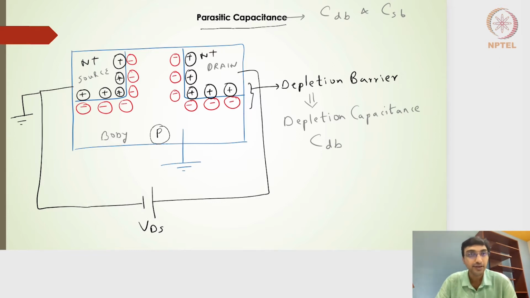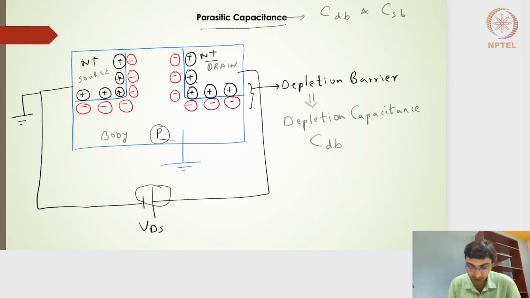So we have this n plus, and then we have this p-type. If I have the body at ground potential, then from this VDS we know that the drain is at a positive potential with respect to the body.